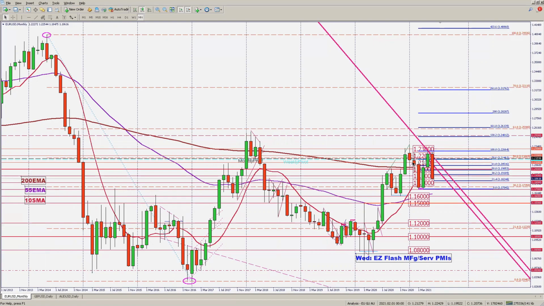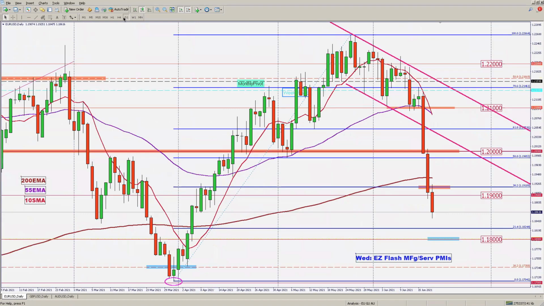And after a couple of moves up, the 50 Fib retracement is the significant zone here, and now it's falling back down to the 38 Fib retracement. Right, that's on the longer term.